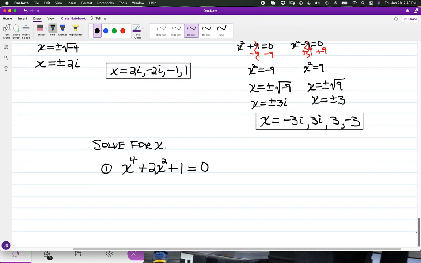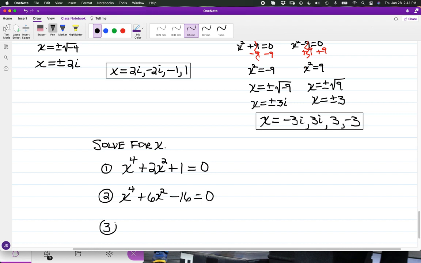Then for the next, we'll have irrational roots in the mix: x to the fourth plus 6x squared minus 16 is equal to 0.